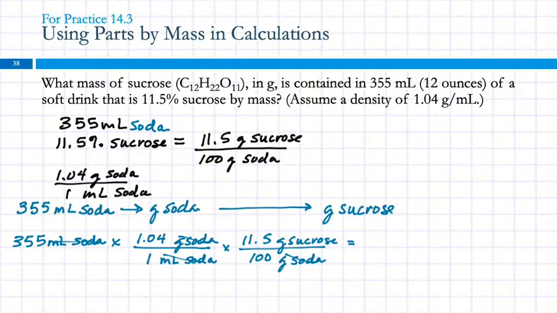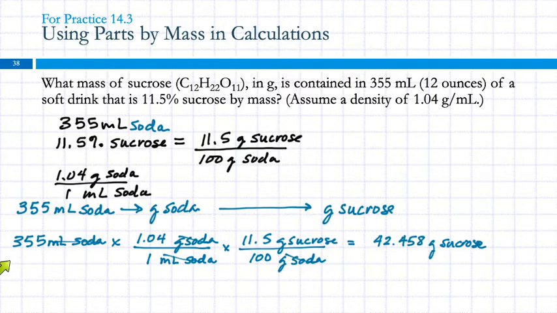355 times 1.04 times 11.5 divided by 100. And my calculator is showing me 42.458. And that would be grams of sucrose. And then we should always do our best with significant figures. 355 milliliters of soda, that's a measurement.